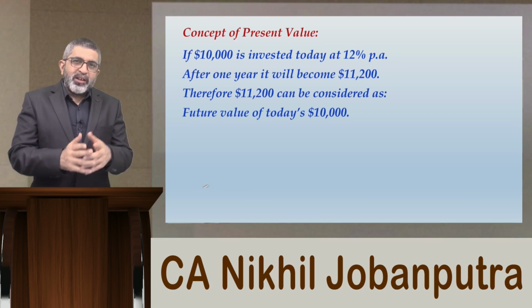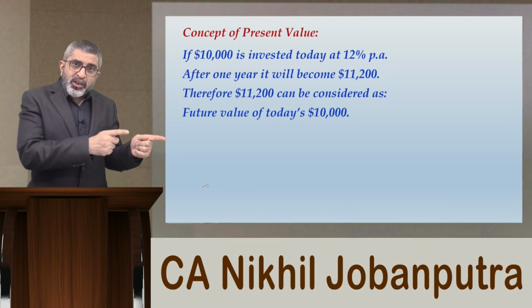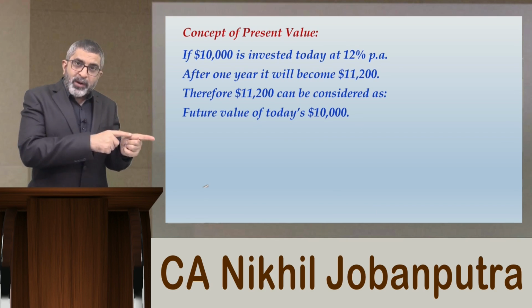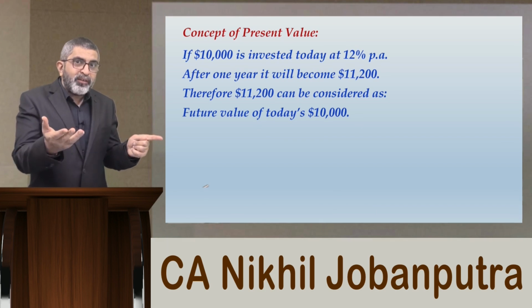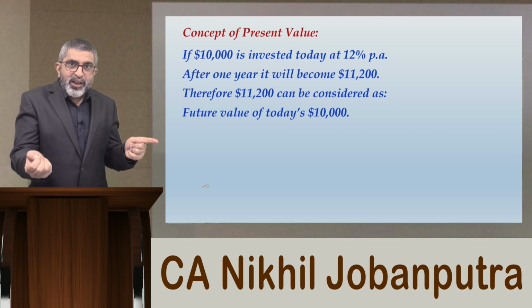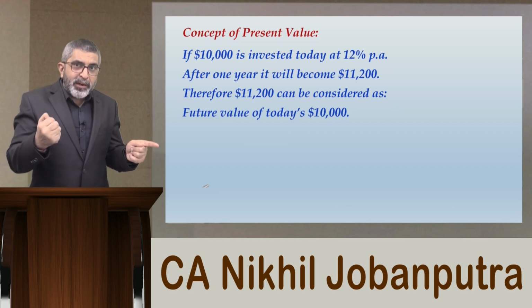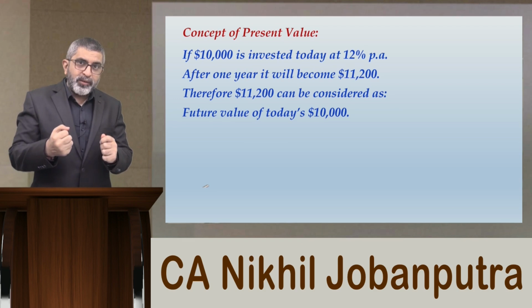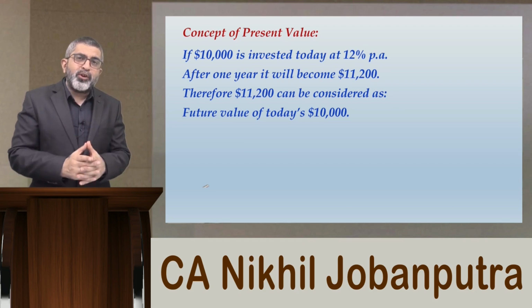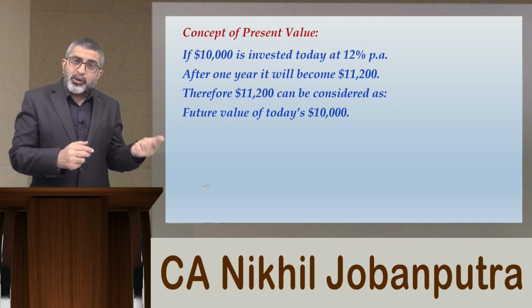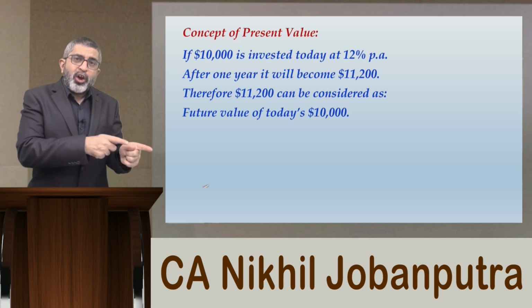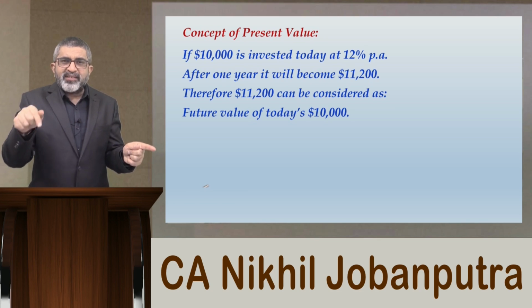So that $11,200 that you are going to receive after 1 year, obviously you are going to receive because you have invested some money today. You are going to get back your principal plus interest thereon. So the total maturity value of your investment is going to be 11,200, which we are calling as future value after 1 year, and the money that you have invested today is the present value.